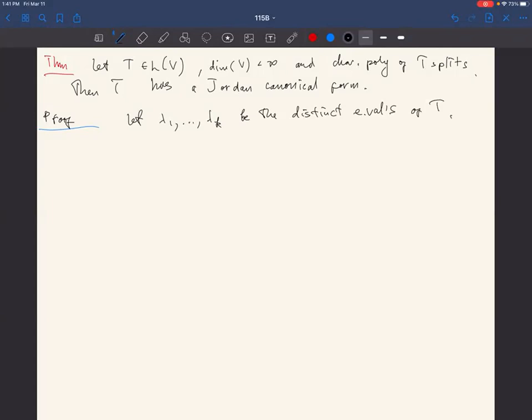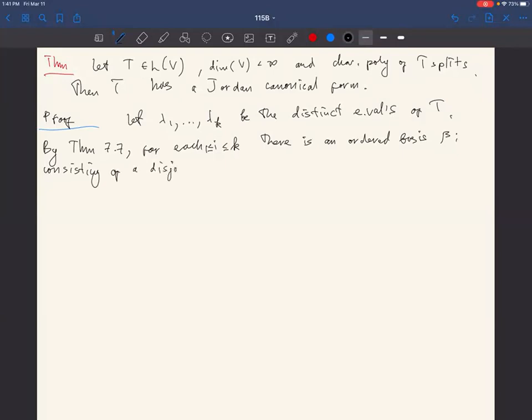Now, for each of these eigenvalues, we can use the theorem we just proved. So by theorem 7.7, for each i between 1 and k, there is an ordered basis, let's call it beta i, consisting of a disjoint union of cycles of generalized eigenvectors of T corresponding to lambda.